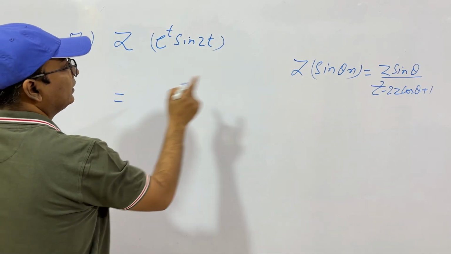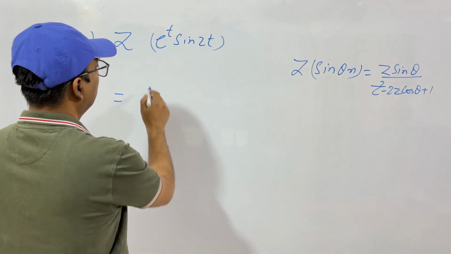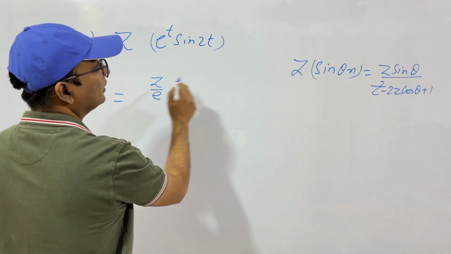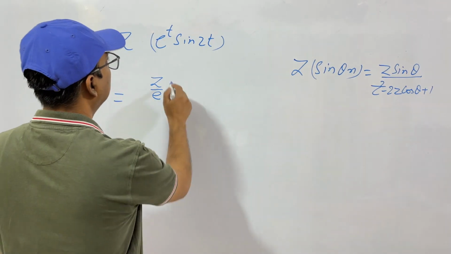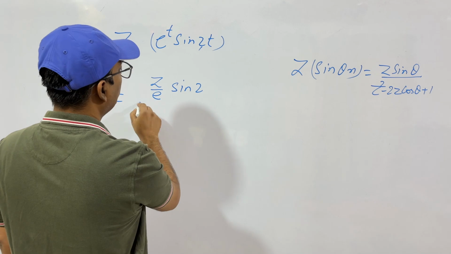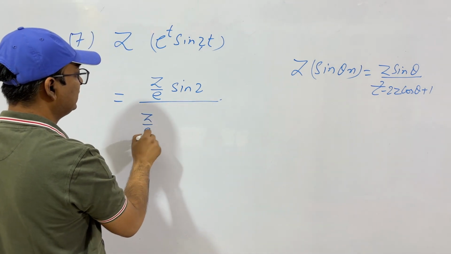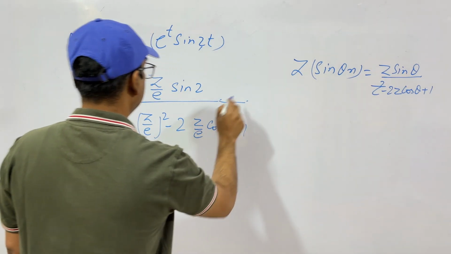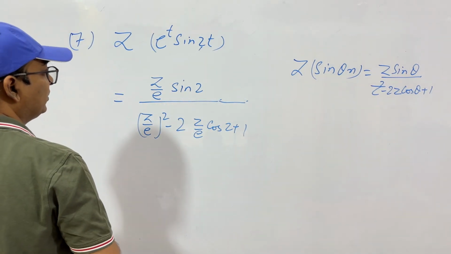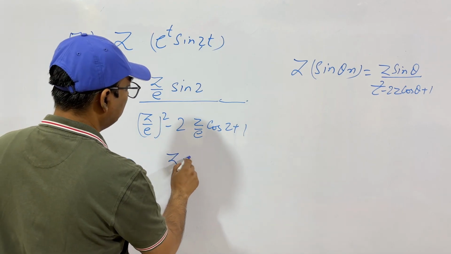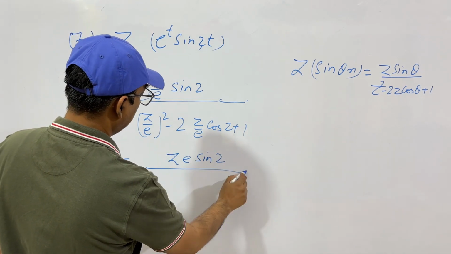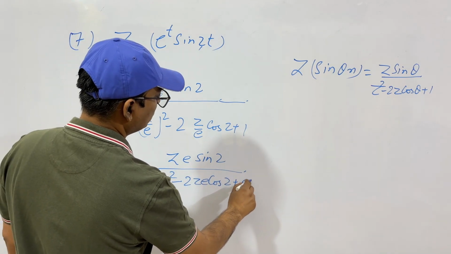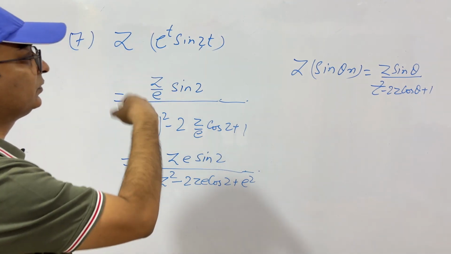So in place of z, what we will write? z by e, and about sine theta, theta is 2, so sine 2 by z, that is z by e square minus 2z by e cos 2 plus 1. So if you multiply numerator and denominator by e square, what you will get? You will get z e sine 2 by z square minus 2z e cos 2 plus e square. Okay, so don't get confused when you see this.